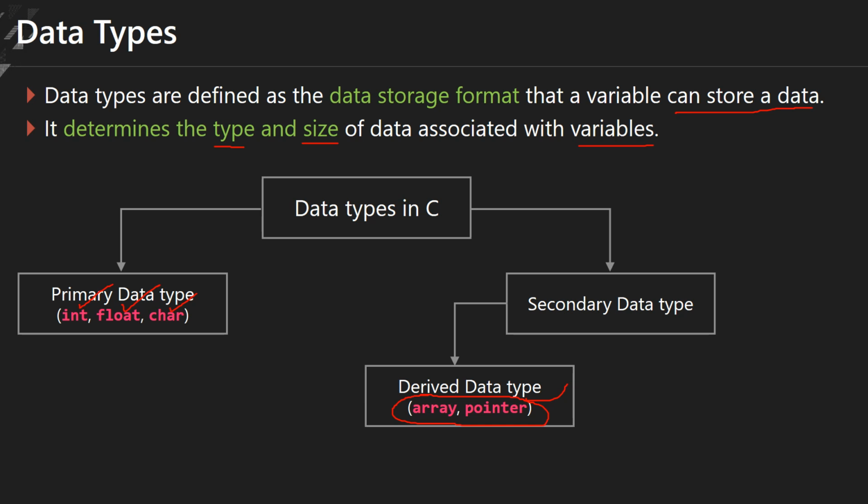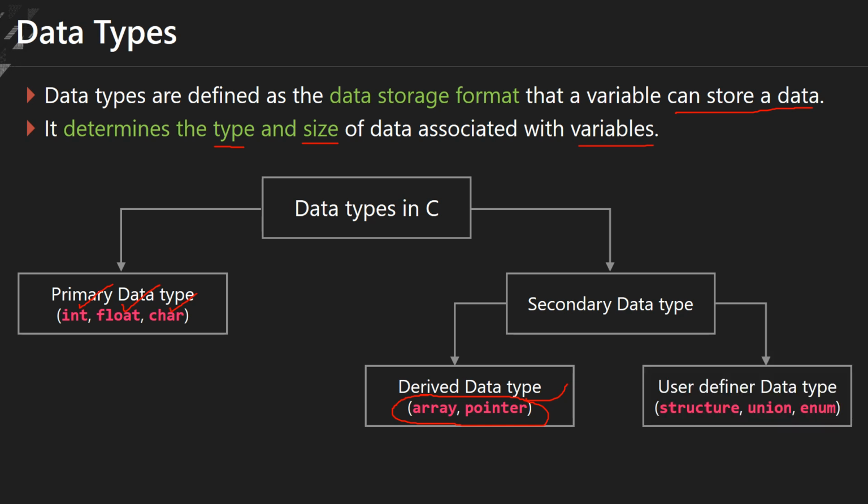Another category under secondary data types is user defined data types: structure, union and enum data types.